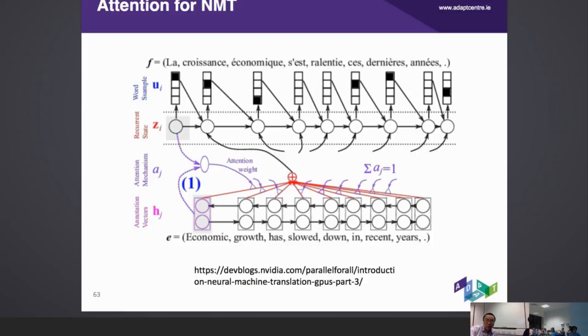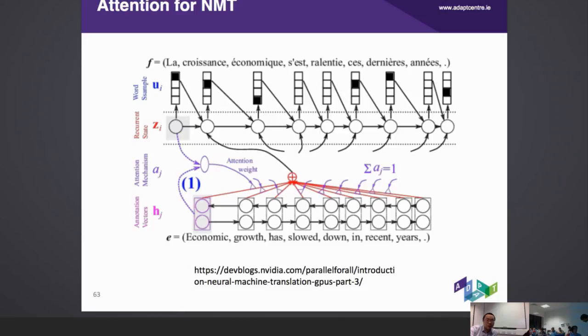Here we also include another input from the source side. This input is a weighted sum of the state of each source word. So this provides a soft alignment between the source word and the target word.